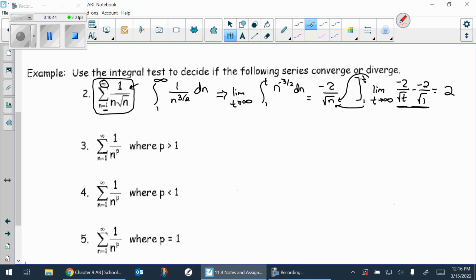Now this one. We can choose any value of p greater than 1. How about if we choose 2? I'm going to say I've got the integral from 1 to infinity. To save room, I'm not going to do this limit as t approaches infinity. I'm breaking a few rules here, but I want to conserve a little bit of room.